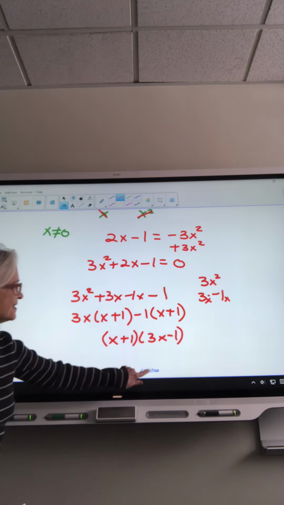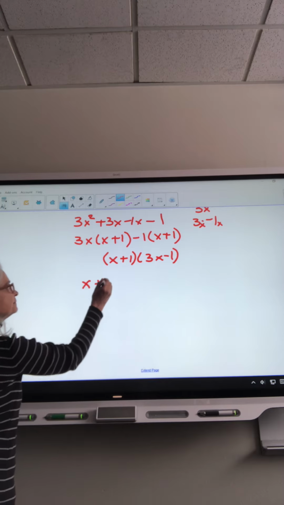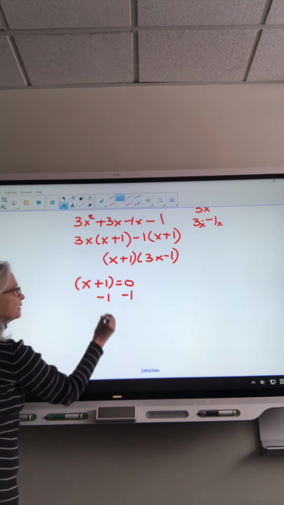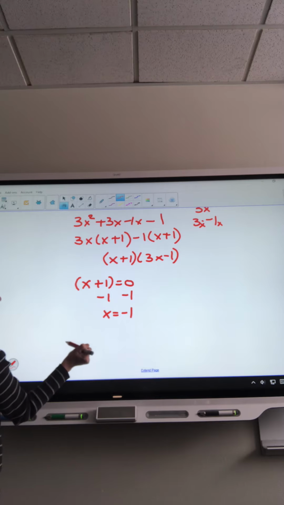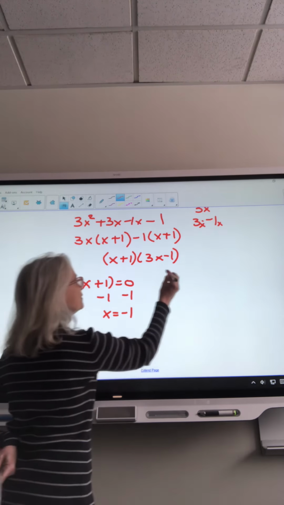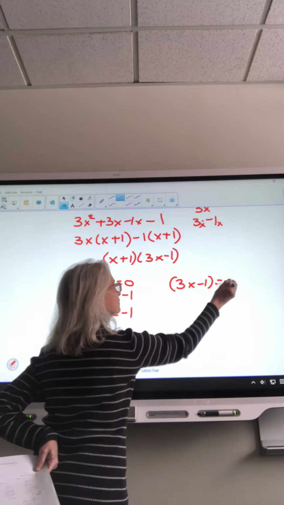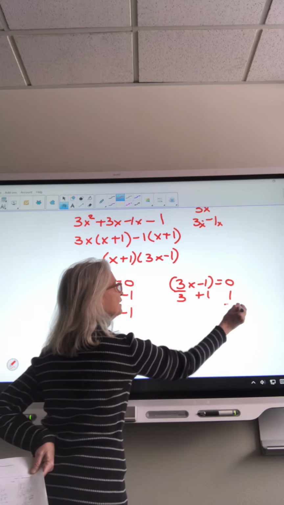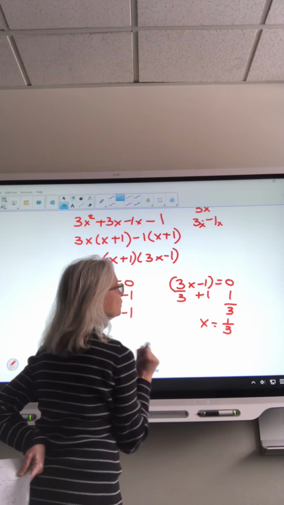Okay, so let's move that up. We're going to solve each parentheses. The first parentheses, one of the solutions would be x is equal to a -1. On the second parenthesis, we're going to add 1, then divide by 3. So x would be equal to 1/3.